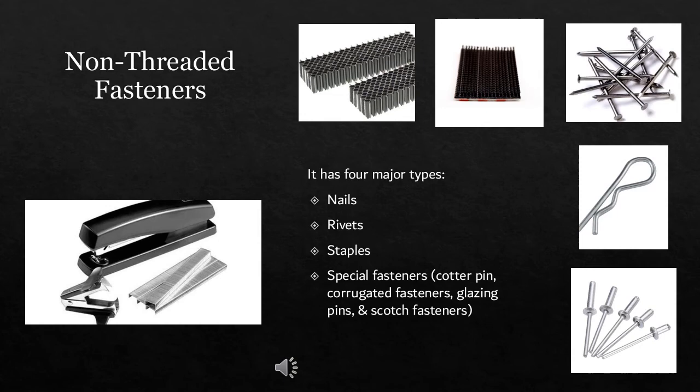As you can see on the screen, these are the non-threaded fasteners in detachable fasteners. The non-threaded fasteners have four major types. They are nails, rivets, steppes, and special fasteners such as cotter pin, corrugated fasteners, brazing pins, and Scotch fasteners.